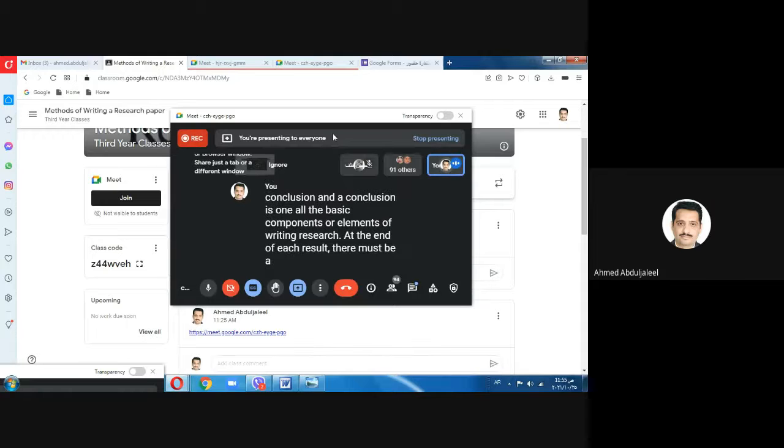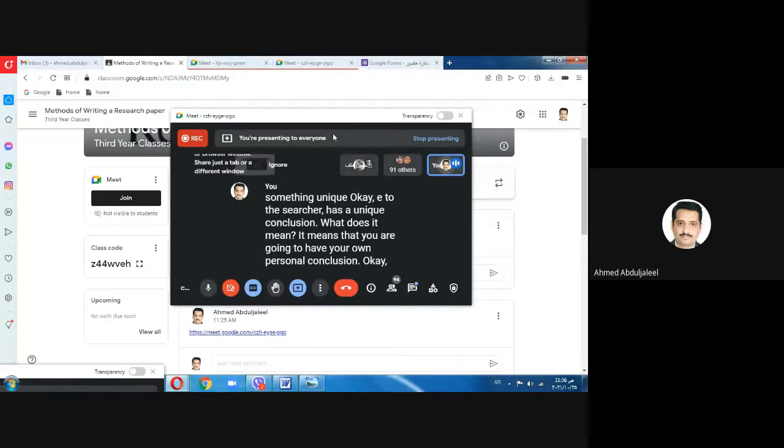And this conclusion is something derived or created by you as a researcher. It is something unique. Each researcher has a unique conclusion. What does it mean? It means that you are going to have your own personal conclusion.